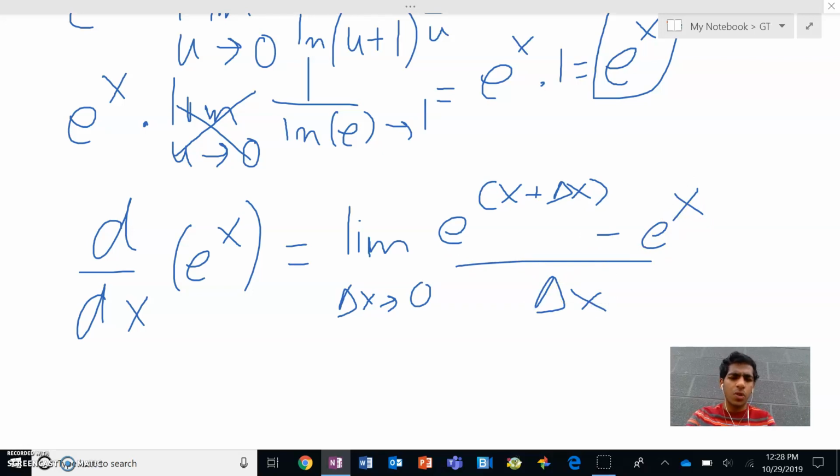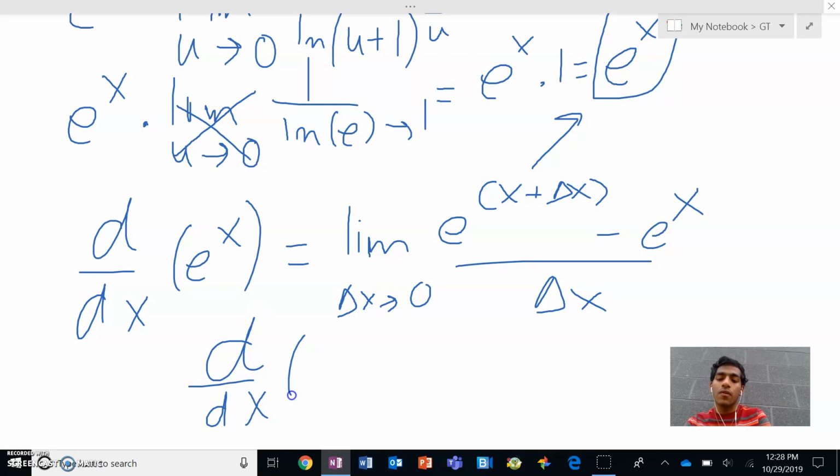But I've just solved this limit and it came out to be that. So from equation 1, d/dx of e raised to the x equals e raised to the x.